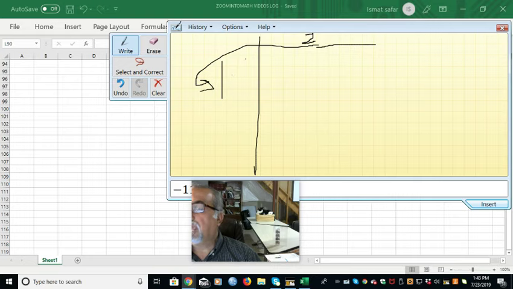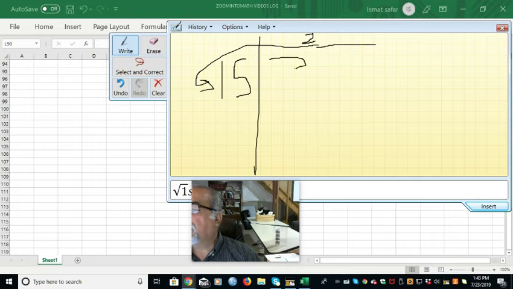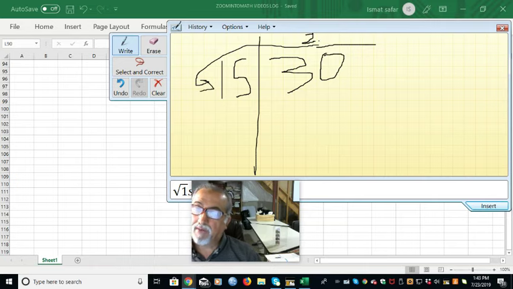Okay, so we have 30 divided by 15. How many 15s in 30? We tried 1, but there is room for one more 15, so we try 2. Sometimes you have to try a couple of things before you finish the division.